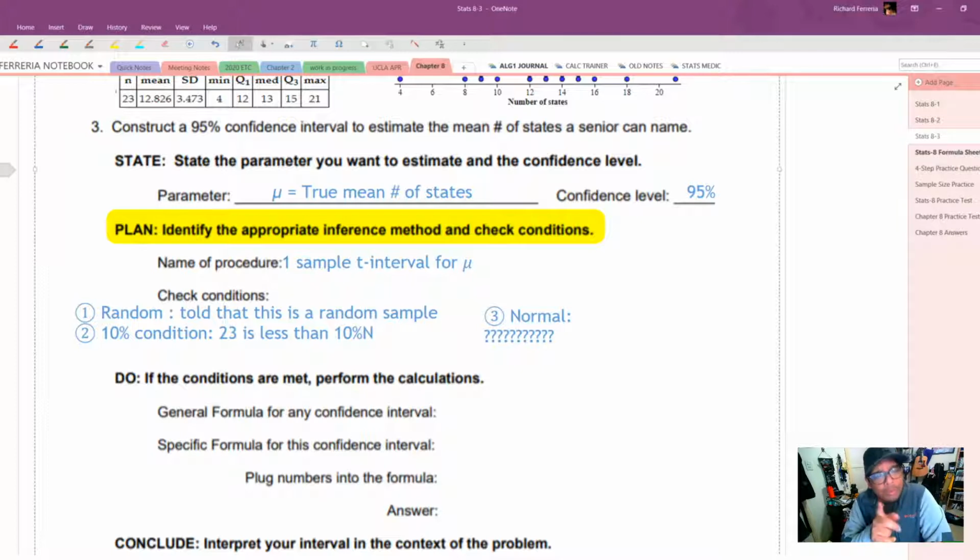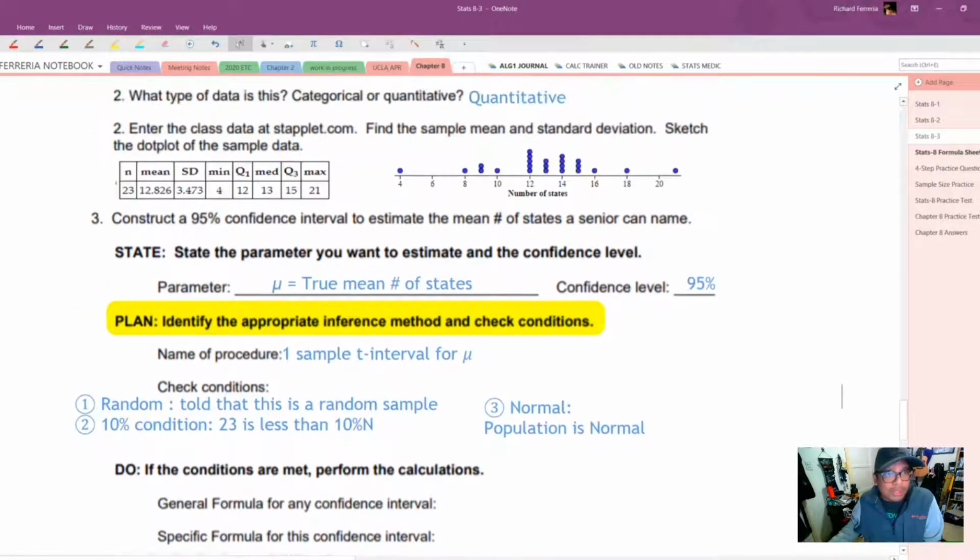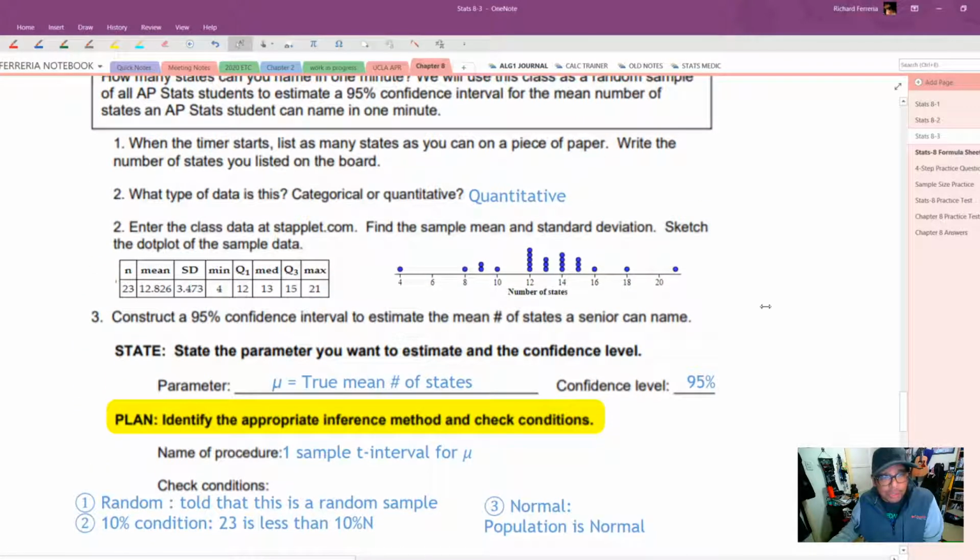is we revisit that first condition. Population is normal. And we revisit that because even though we weren't told that the population was normal, take a look at our sampling distribution, or our sample. Doesn't our sample look single-peaked and symmetric? Yeah, it does.